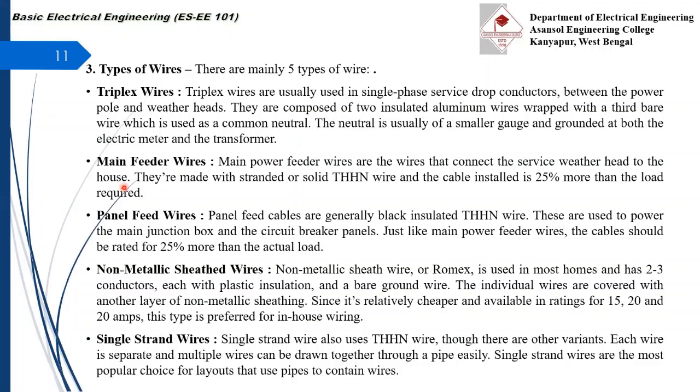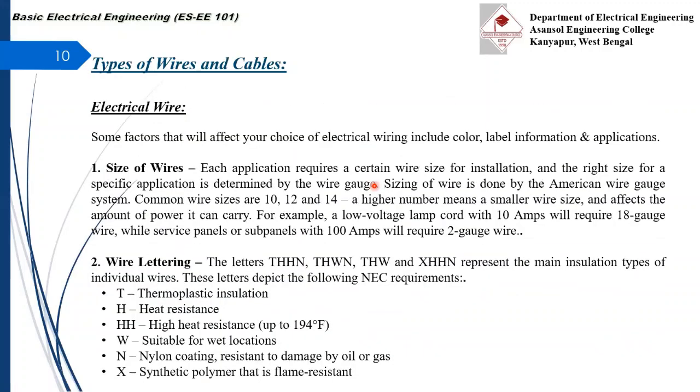Okay. Next one is main feeder wire. Main power feeder wires are the wires that connect the service weatherhead to the house. They are made with stranded or solid THHN wire. That means it is thermoplastic insulation, high heat resistance and nylon coating.